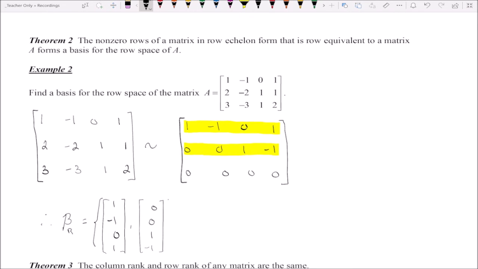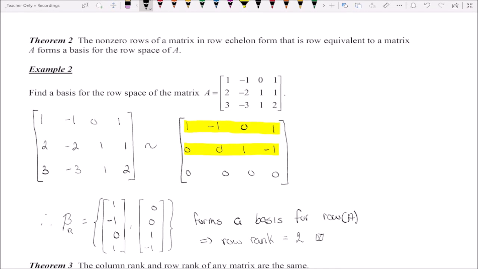And these two vectors form a basis for the row space of A. Right, now that, of course, means that the row rank is equal to 2. Now, recall that in example 1, we found that the column rank was 2. And so is the row rank.